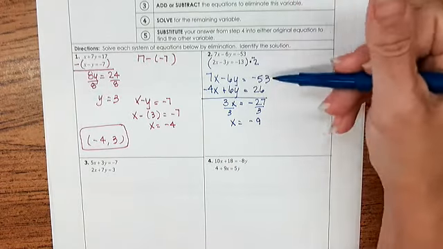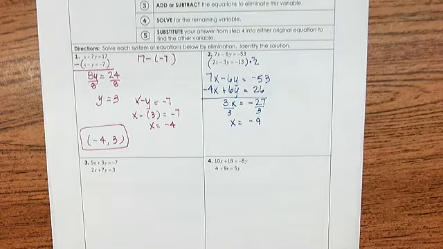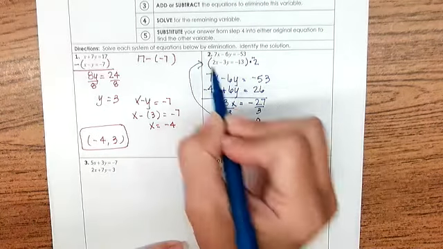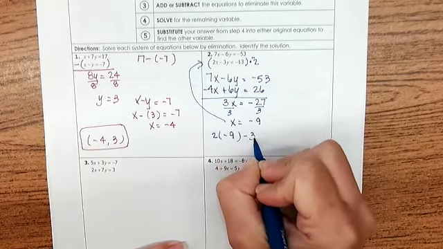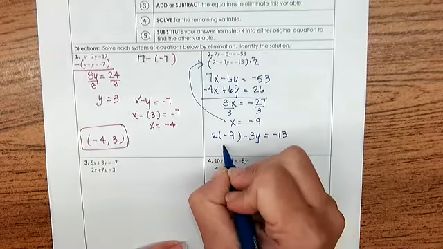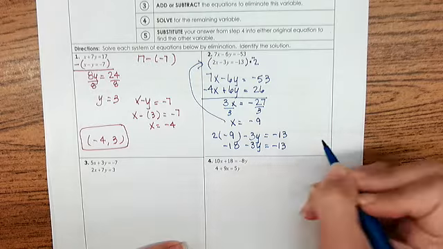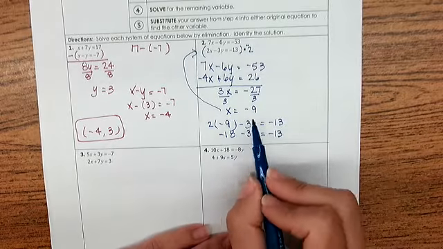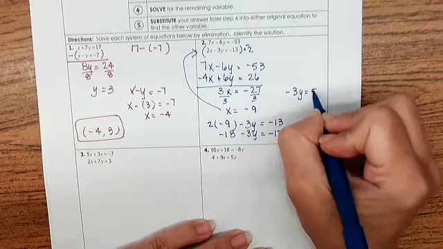Solve for y, plug back into the first equation or the second equation, not the altered equation. I don't recommend that, just in case you made a mistake. I'm going to plug back into the second equation. So that's going to be 2 times x, which is now negative 9, minus 3y equals negative 13. That's negative 18 minus 3y equals negative 13. Add 18 to both sides and you get 5.